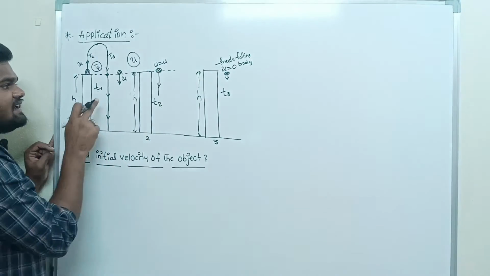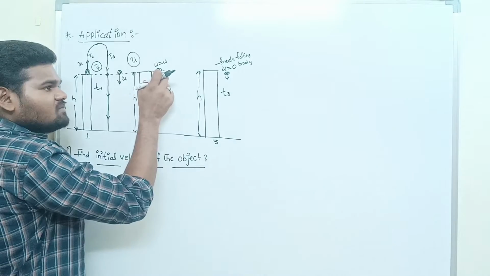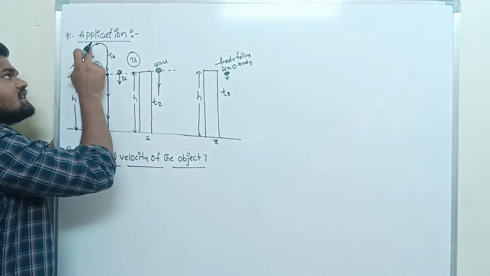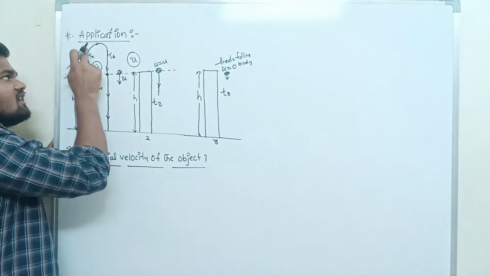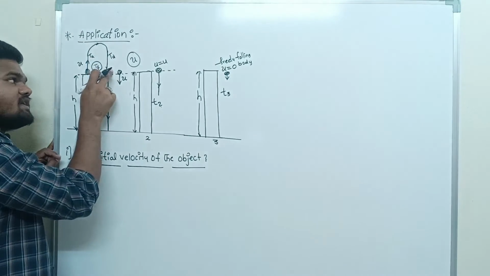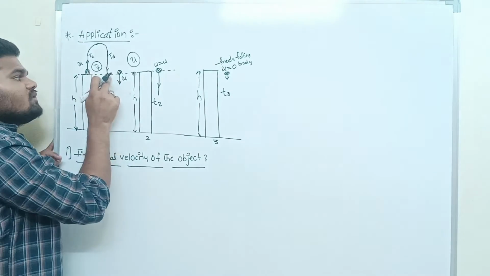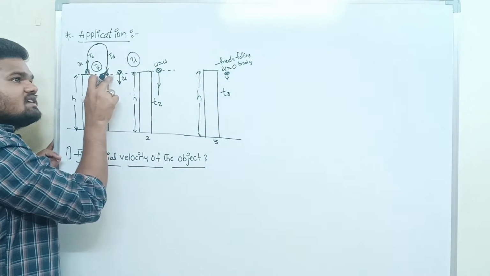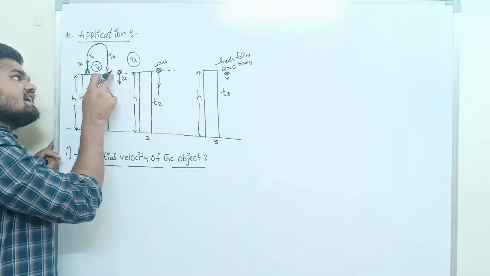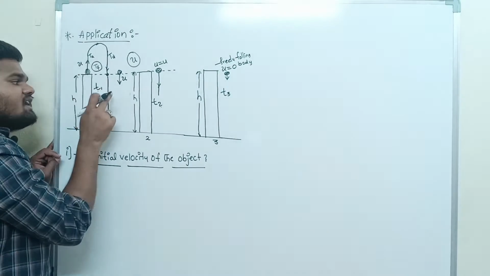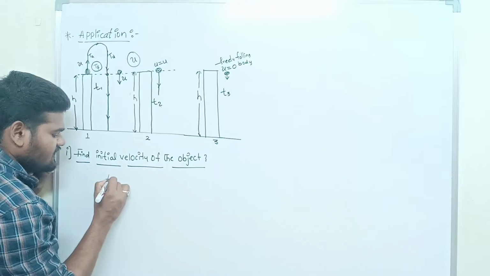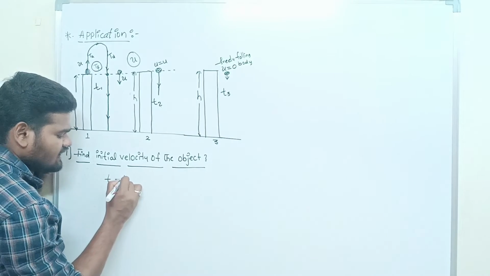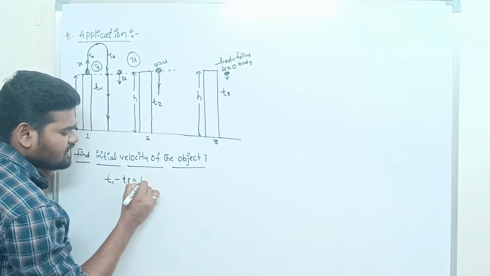But one thing is clear: compared with the other, this object travels more distance. That means it takes more time to reach this point. To reach this point, how much time is taken? The time of flight. So we can write the time equation as T1 minus Tf is equal to T2.